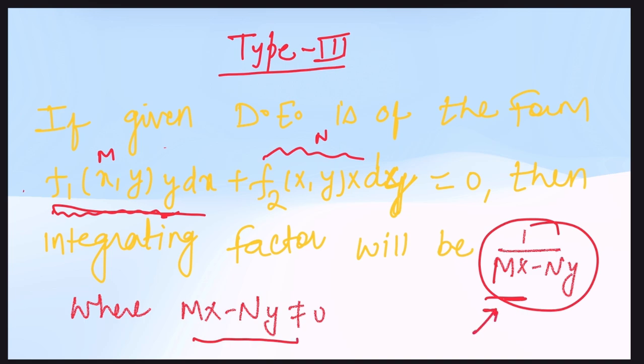After finding it, we multiply this integrating factor to our original given differential equation, and it becomes a new differential equation. So we will find our M dash, N dash, and then we can find the general solution of the given differential equation. In the next lecture we will do some more examples or some more types of finding the integrating factor. Okay, thanks.